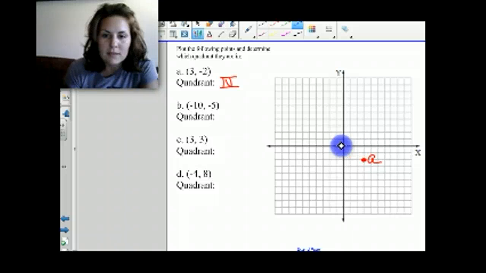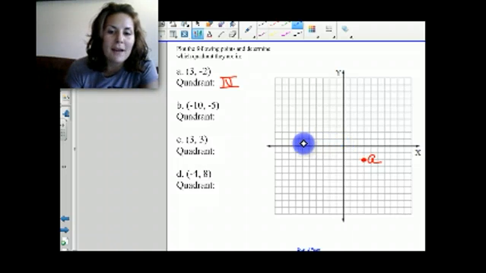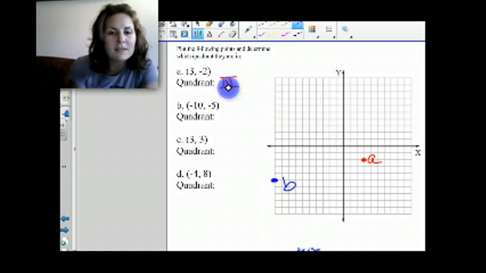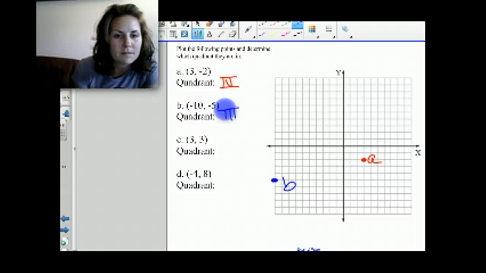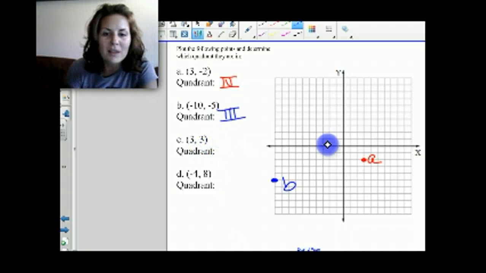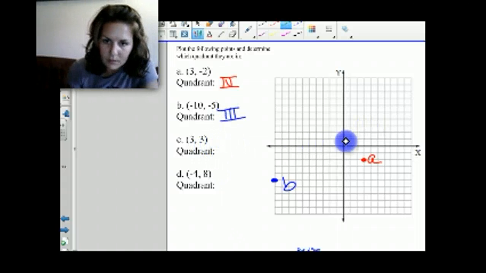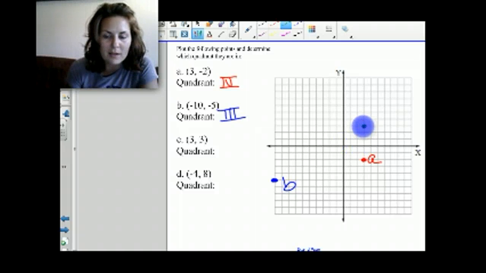Point B, (-10, -5). So I go to the left. That's a negative direction on the x. -5 on the y, so down 5. And that's point B, in quadrant 3. The point (3, 3) is 3 to the right on the x, 3 up on the y.